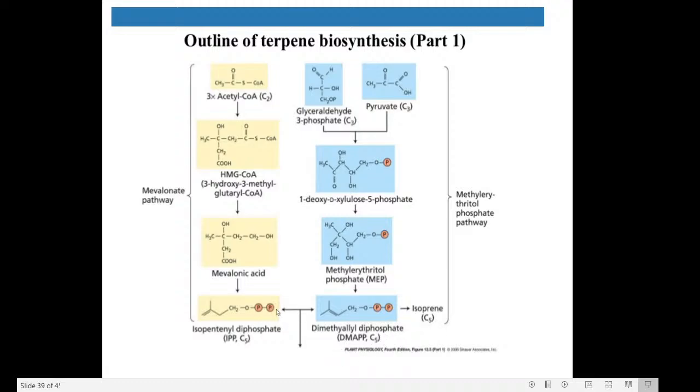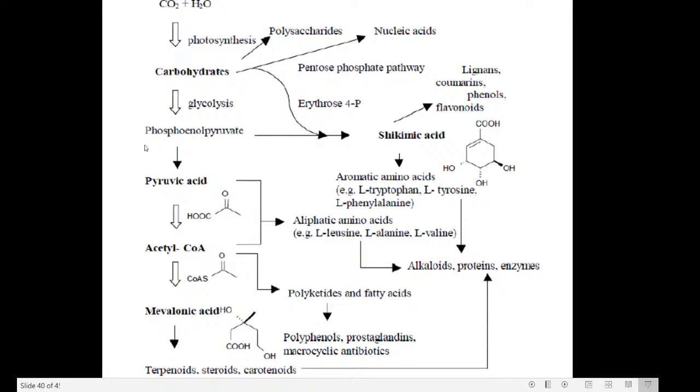These two compounds form the terpenoids. This involves the mevalonate pathway and the methyl erythritol phosphate pathway. These two pathways are only for terpenoids production.